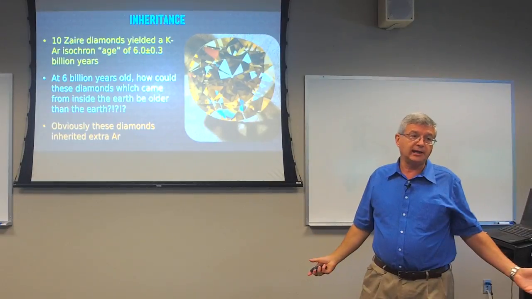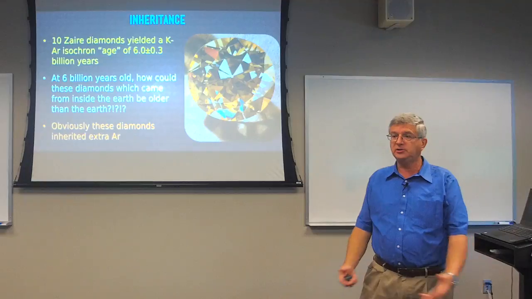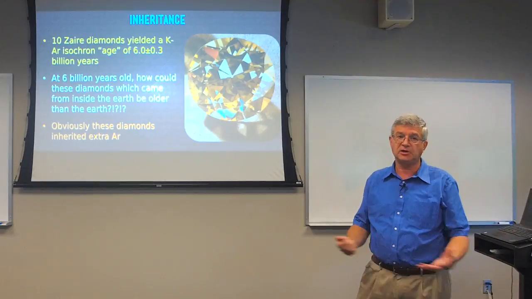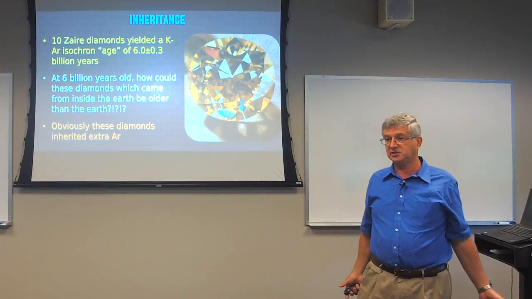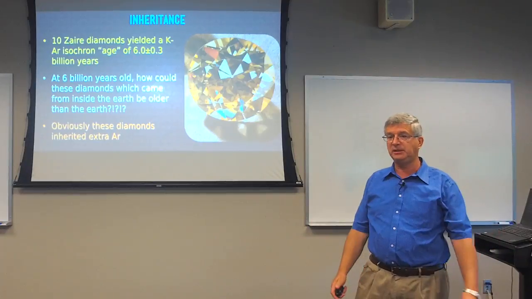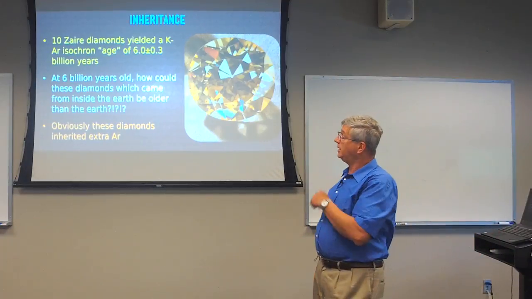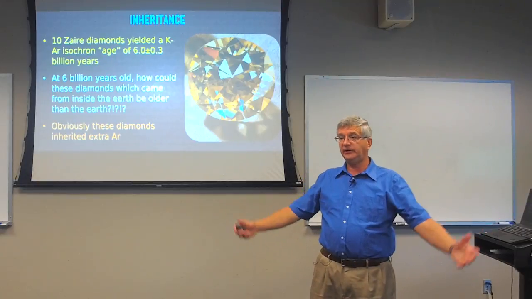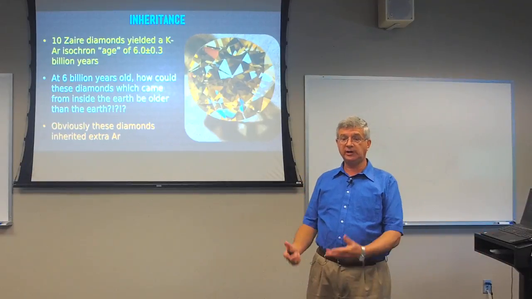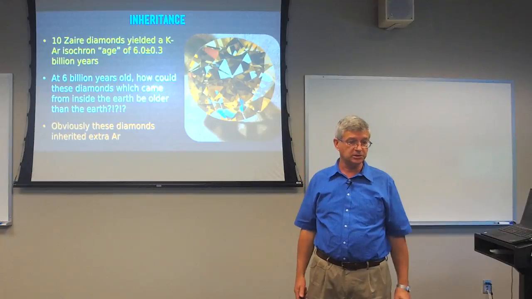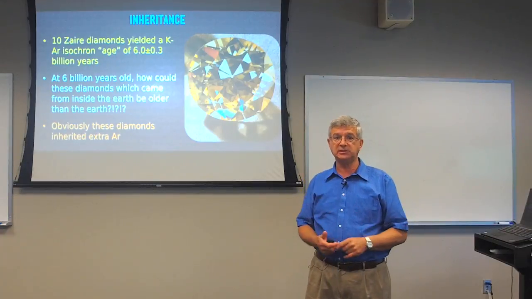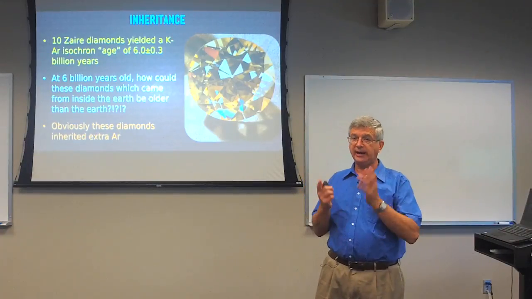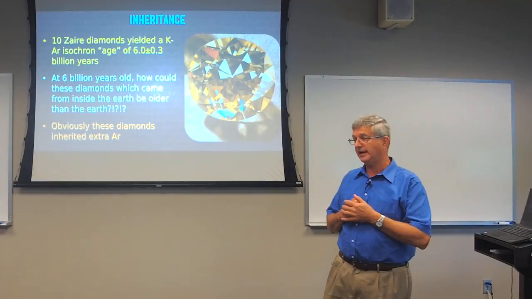Well, they immediately recognised that can't be true, because how can diamonds that come from inside the Earth be older than the Earth itself? The Earth is claimed to be 4.5 billion years old. And so they immediately knew that these diamonds had somehow inherited excess argon, and sure enough, you can find the fluid inclusions, little fluid bubbles inside these diamonds, and you analyse those and you find the excess argon there.